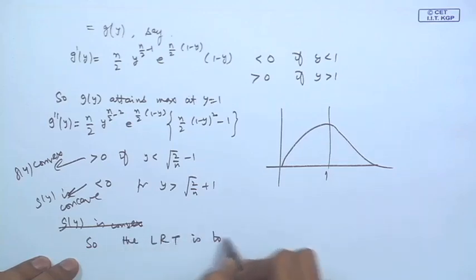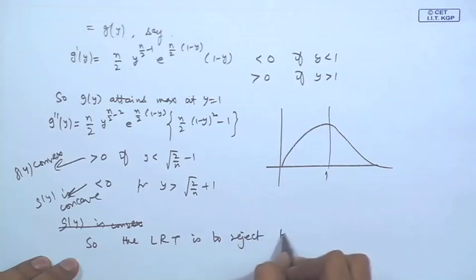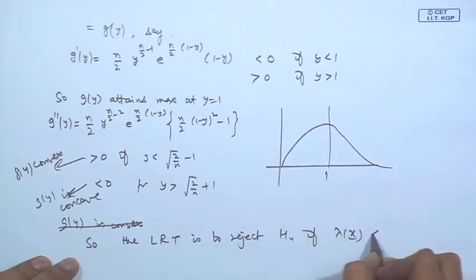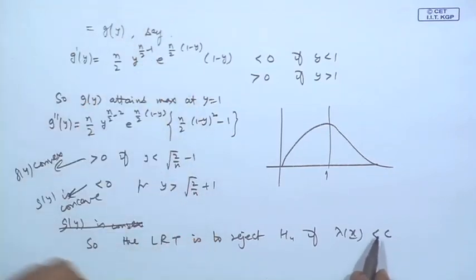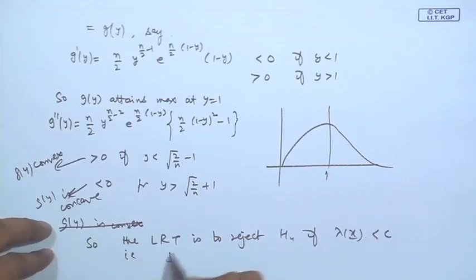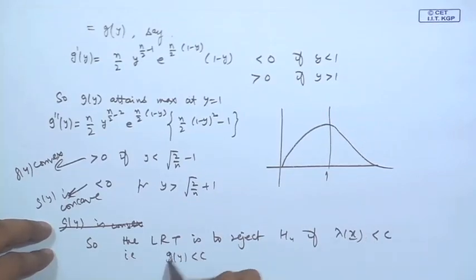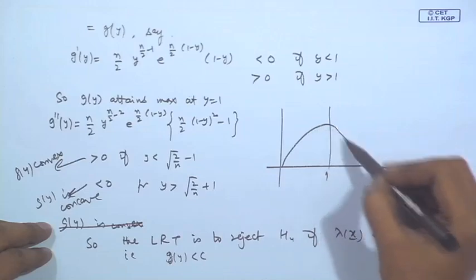Okay. So, the region T is to reject H4 if lambda x is less than c. Now, lambda x I have written as g y. Now, g y less than c, and g is a function of this nature.